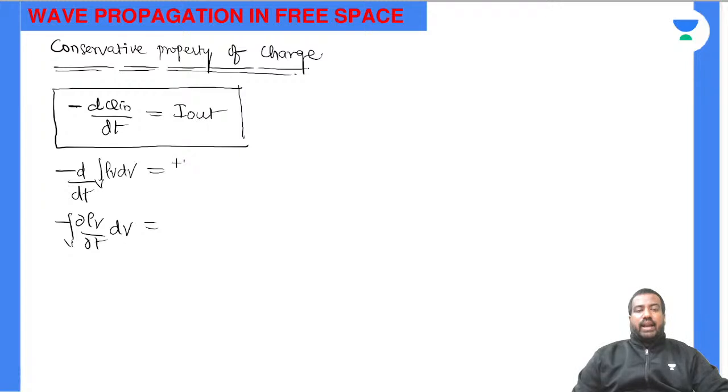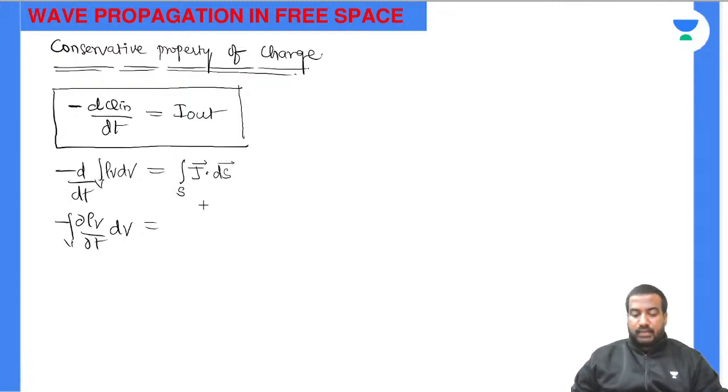How is current related to current density now? Shall I take a closed surface or an open surface? Anyone tell me? Shall we take a closed surface or an open surface?